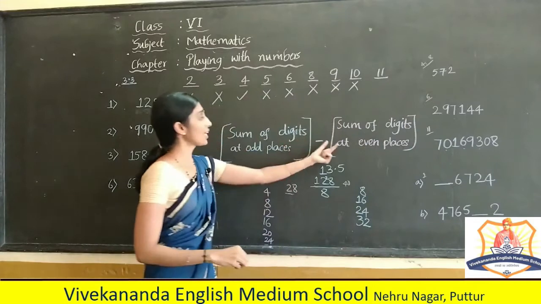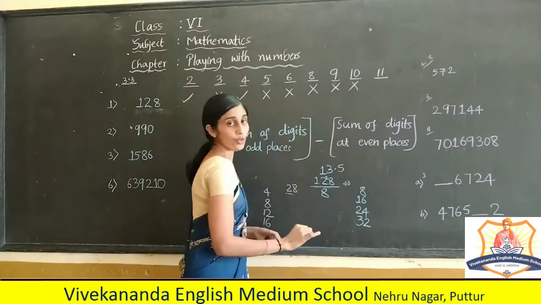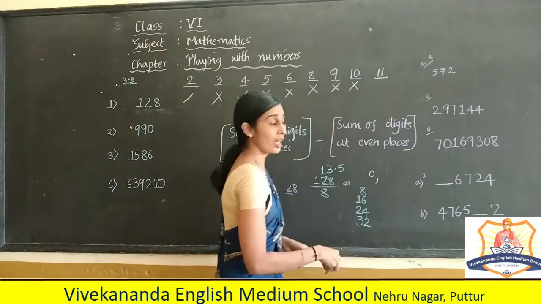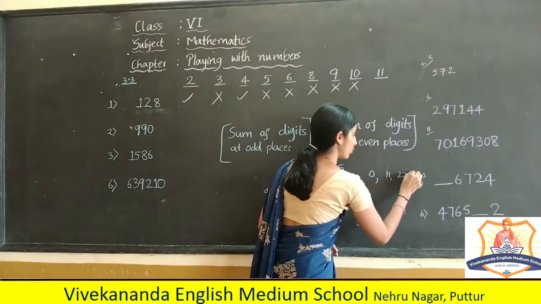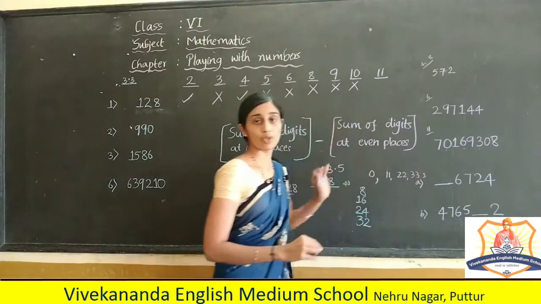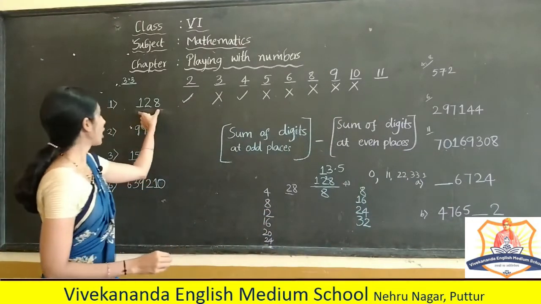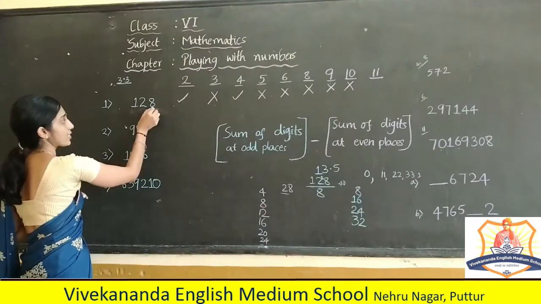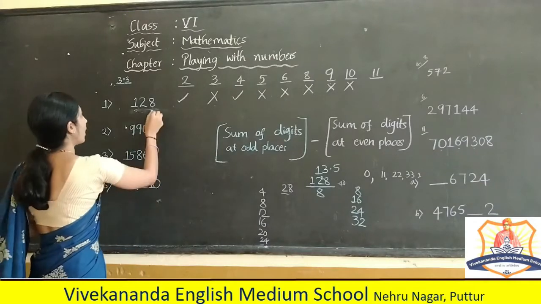What is the answer we should get here? The difference between these two must be 0 or a multiple of 11, either 11, 22, 33, and so on. So let us find the sum of the digits at the odd places, starting from the right.